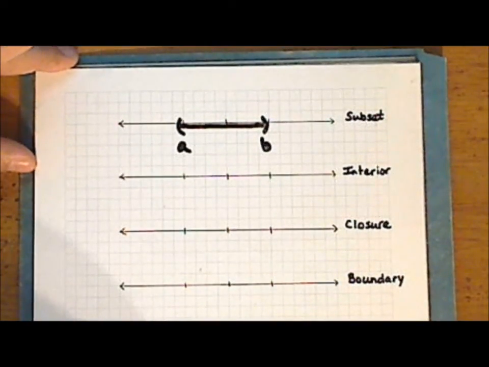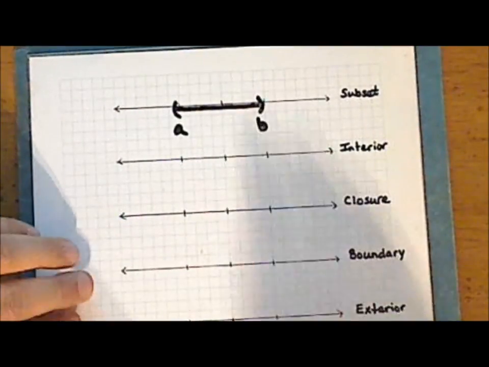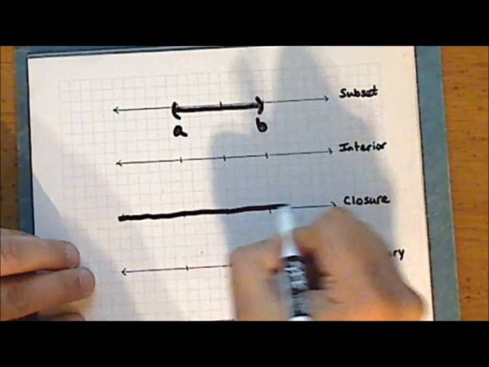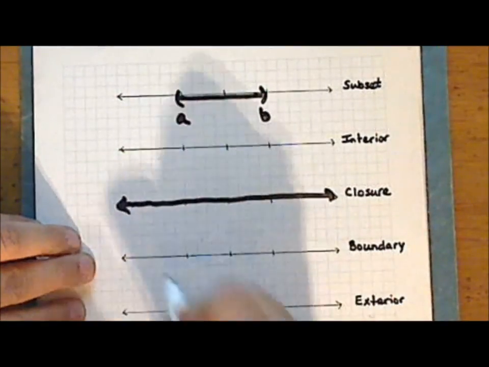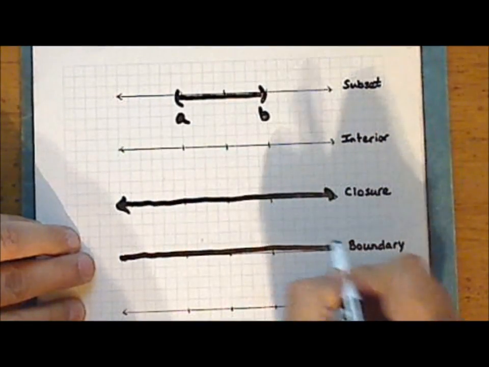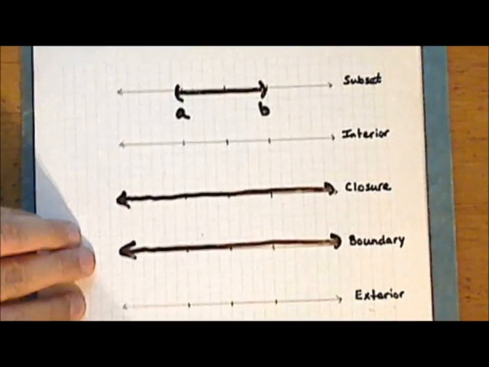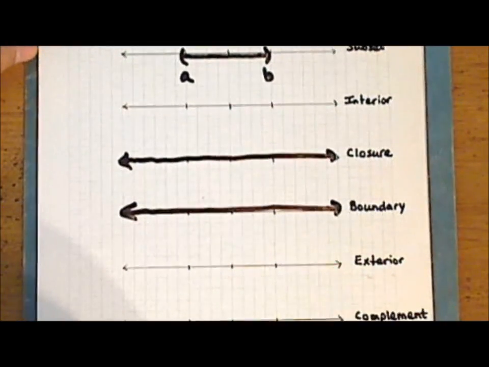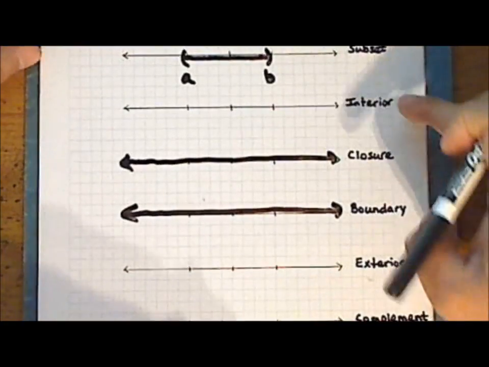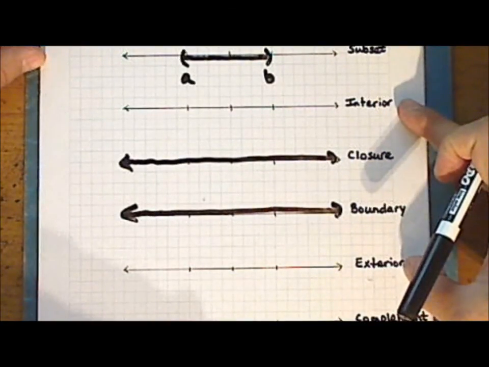The interior is empty. The closure of the set is the entire set of reals. The boundary of this set is the entire set of reals. The exterior is empty. And the complement of the boundary, which once again is the union of the interior and exterior, is also empty.